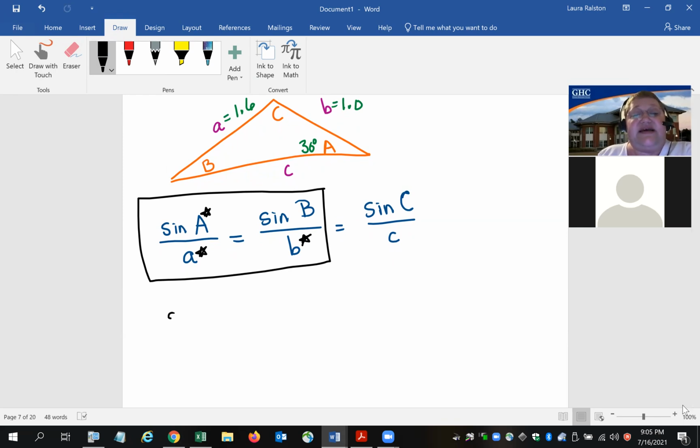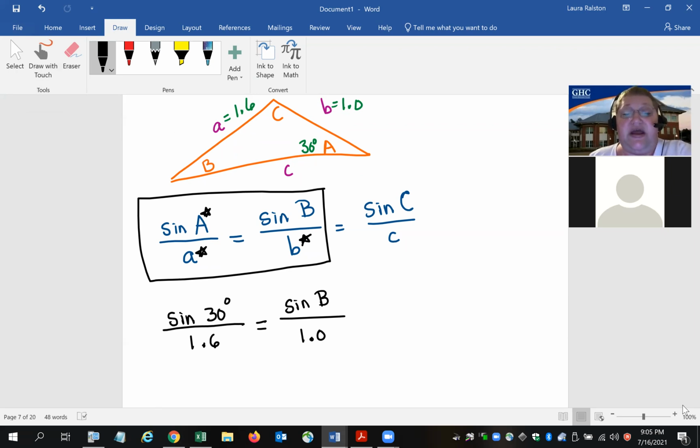I have the sine of 30 degrees over 1.6, which is the length of side A, equals sine of angle B that I don't know over the length of side B, which is 1.